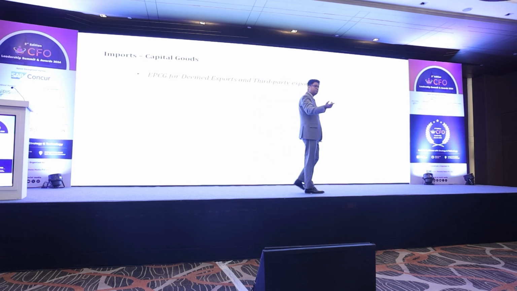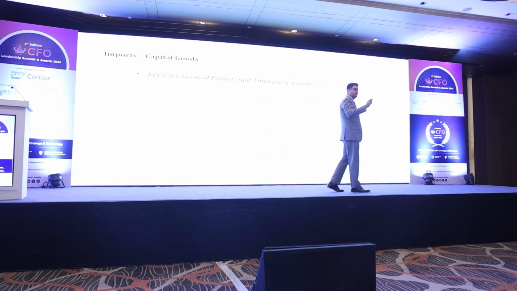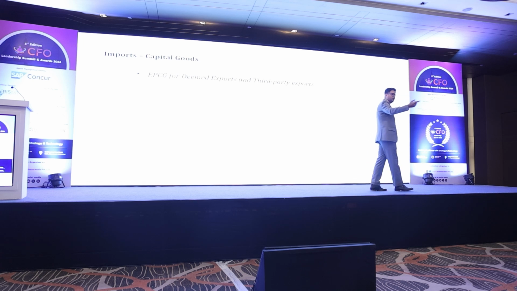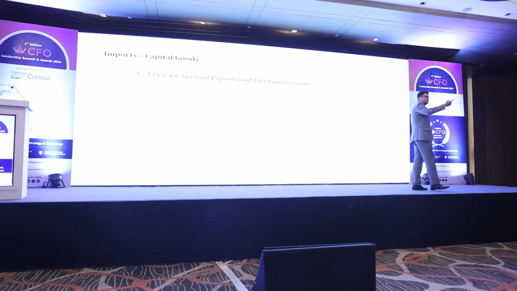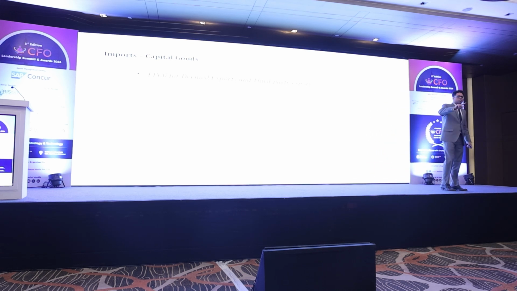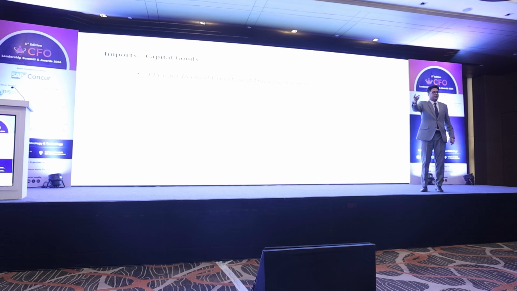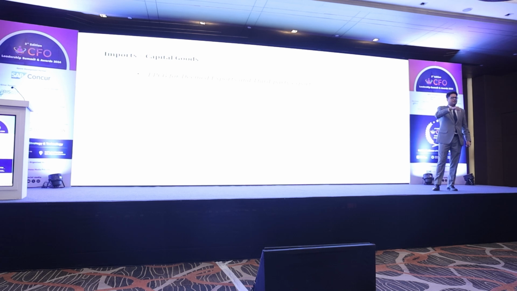It can be deemed export also. Deemed export is you can sell your products to another EPCG holder. You can sell your products to an advance authorization holder. You can sell your product to EOU, SEZ. And also you can sell your products to a third party who is exporting further. So you can still avail the EPCG scheme if you are a domestic manufacturer supplier. No need for these physical exports.